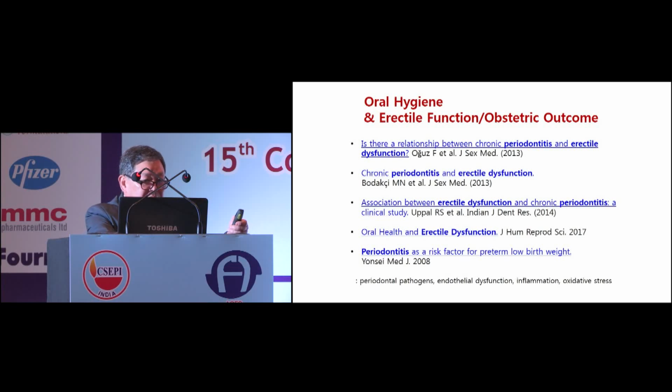And finally, you can see periodontitis is also a risk factor for preterm low birth weight. So poor oral hygiene is a very important disease transmission source by kiss.